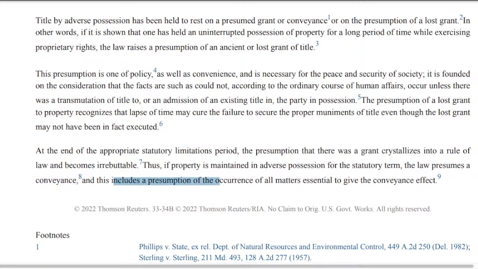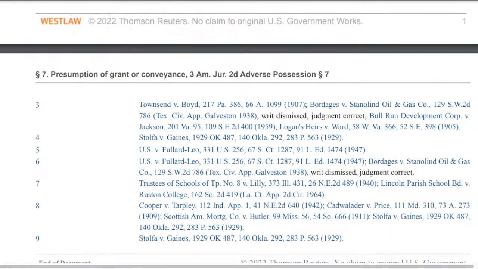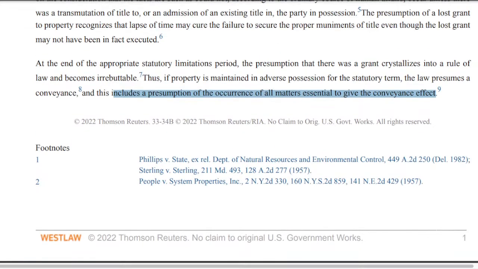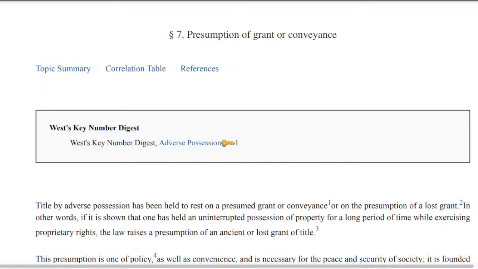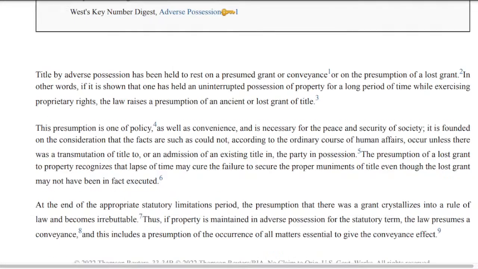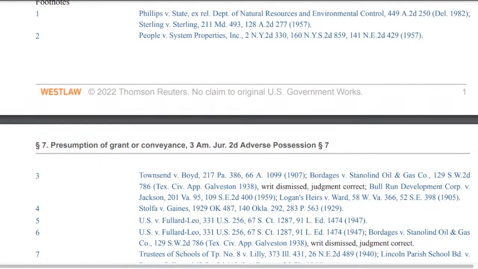And this includes a presumption of the occurrence of all matters essential to give the conveyance effect. That's 1929, so well-established law on that one. Beautiful. All these are pretty well done. So this section here is presumption of grant or conveyance. So that's it. It's presumed lost, but it crystallizes into a rule of law and becomes irrefutable. Is that irrebuttable? So that's a great section there.